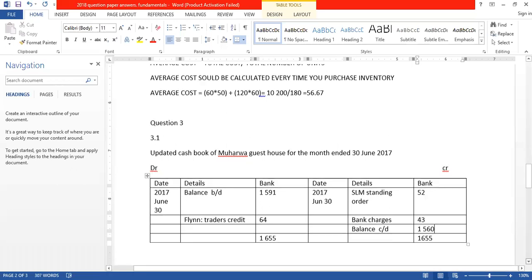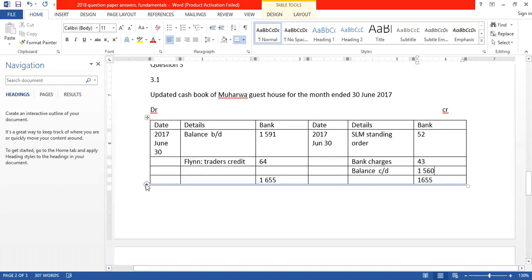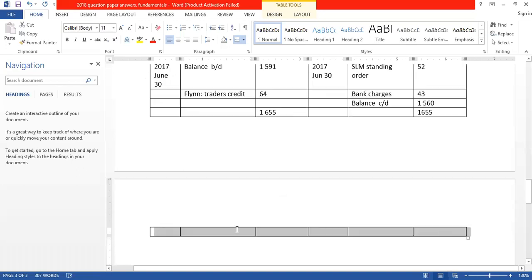So that is the amount that we are looking for. And we said that for every balance carried down, there should be a balance brought down on the opposite side.